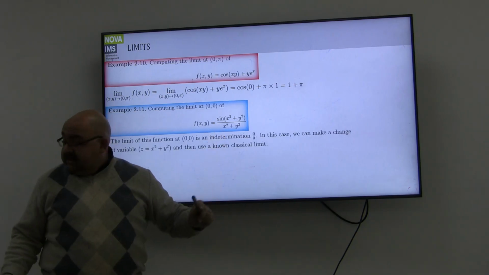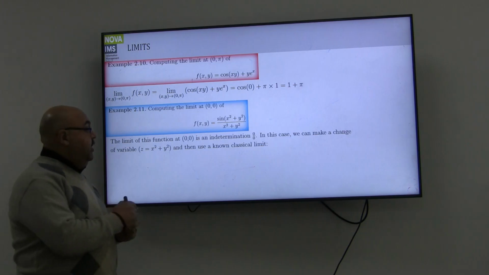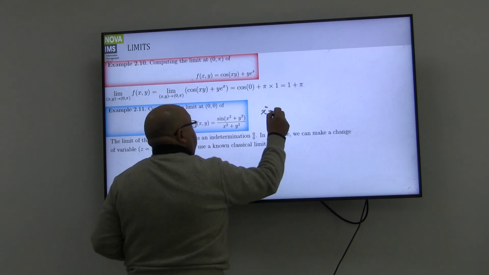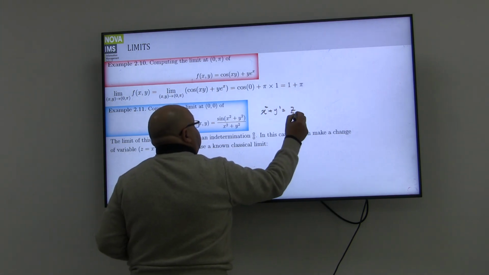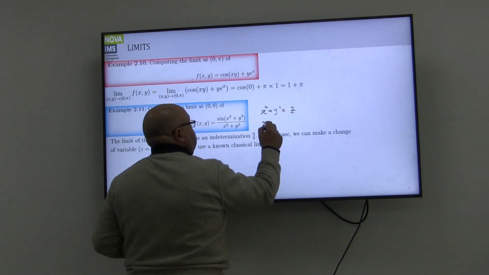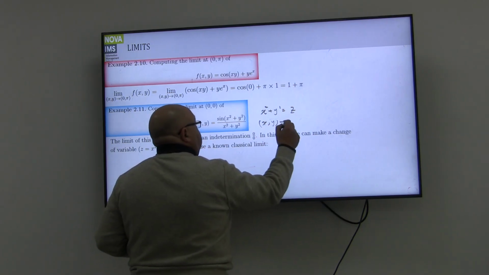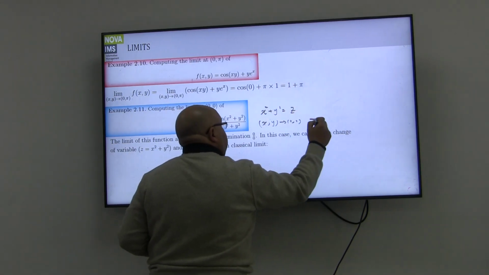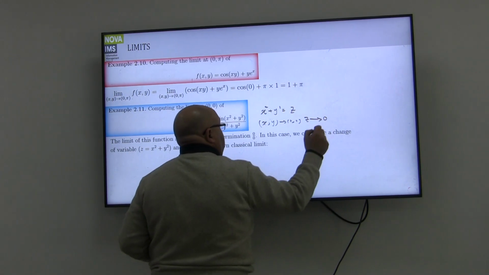But in this case, yes, you are right. If I make a change of variables, x squared plus y squared equal to z, then when x and y tend to the origin, if you put zeros here, it will lead to z equal to 0.